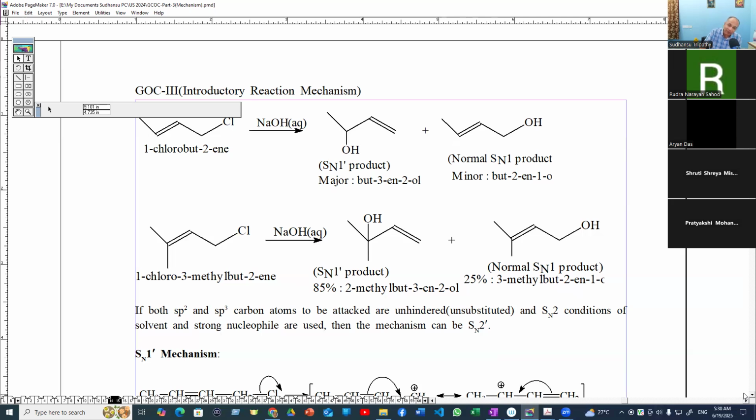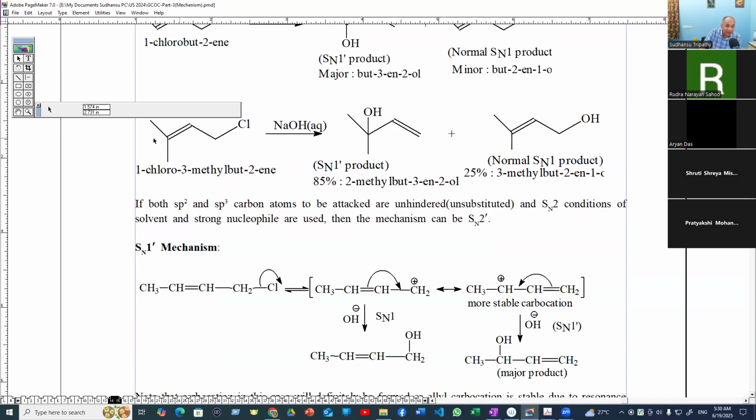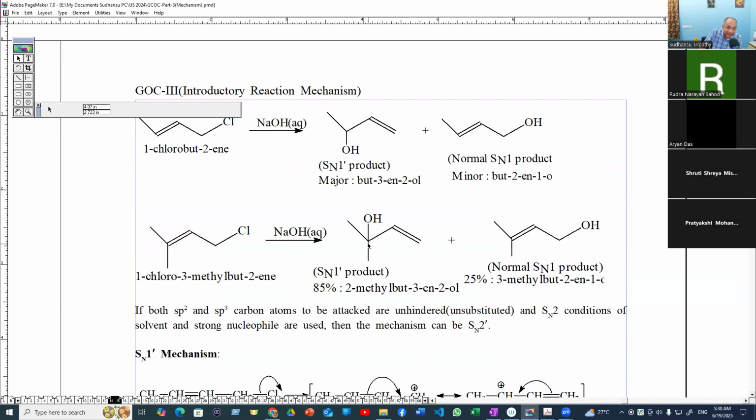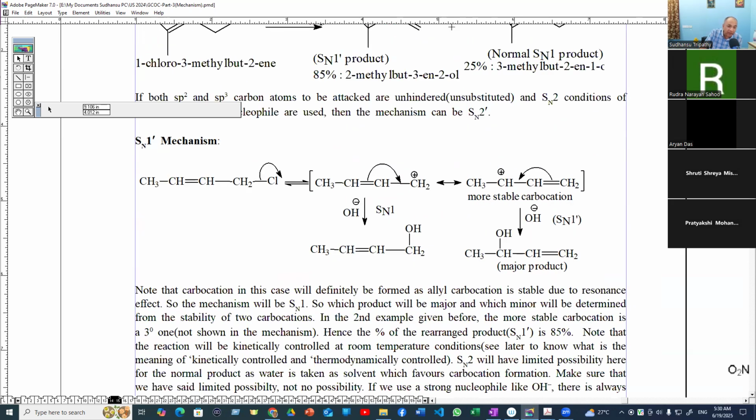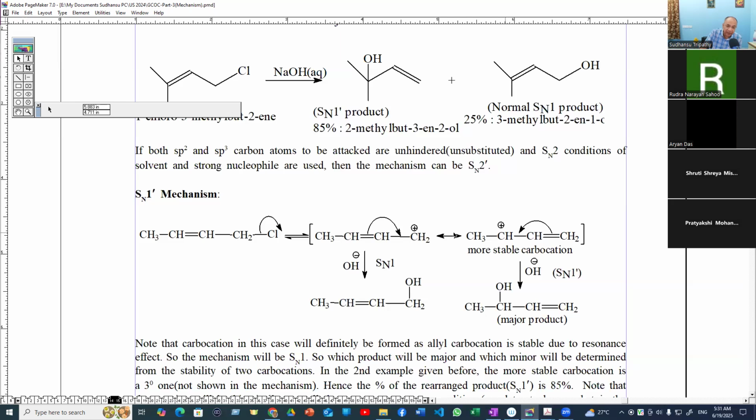Not always, sometimes. Now, in this mechanism where the sp2 carbon is substituted here, we get a 3-degree allyl in the mechanism. I have selected only a simple 1-degree allyl, which will be converted to 2-degree. But if there is another substitution, it will be a 3-degree allyl.